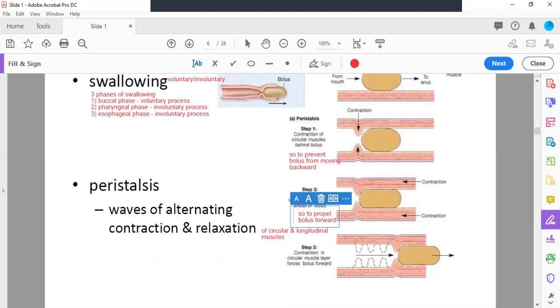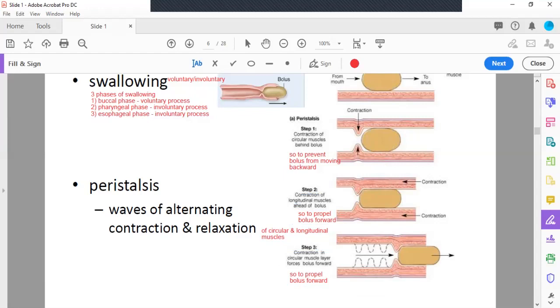So you shorten it, and then the same thing happens. The purpose of number two and number three is to push the bolus forward. In number three, you have a contraction of the circular muscle after you contract the longitudinal muscle.